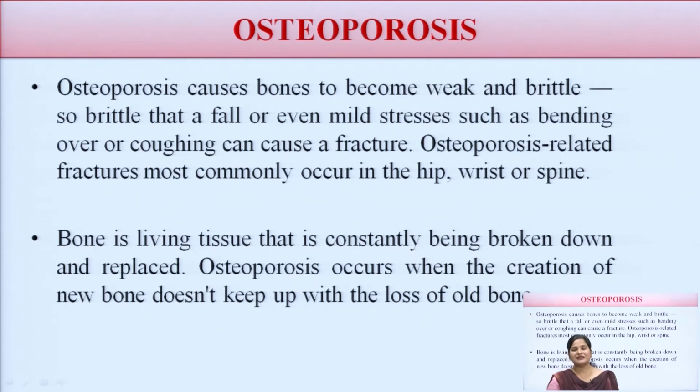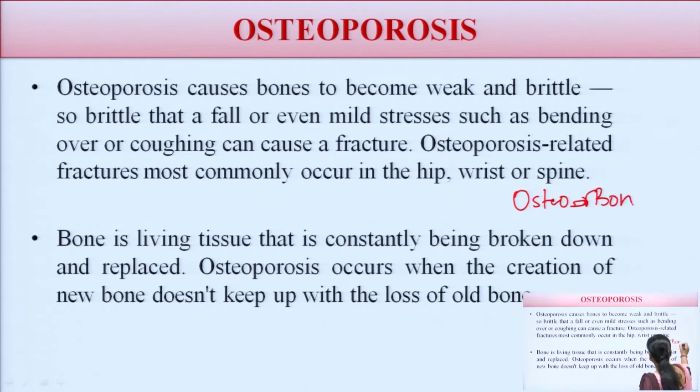So, basically the topic of our content is osteoporosis. Now, first we discuss what is osteoporosis. Always remember, osteo always denotes bones and porosis means pores, pores in bone, right.